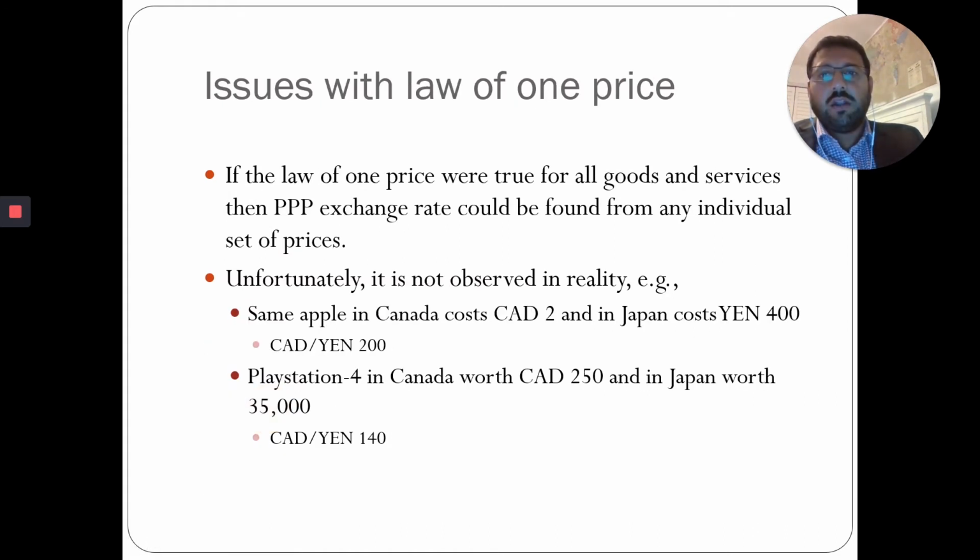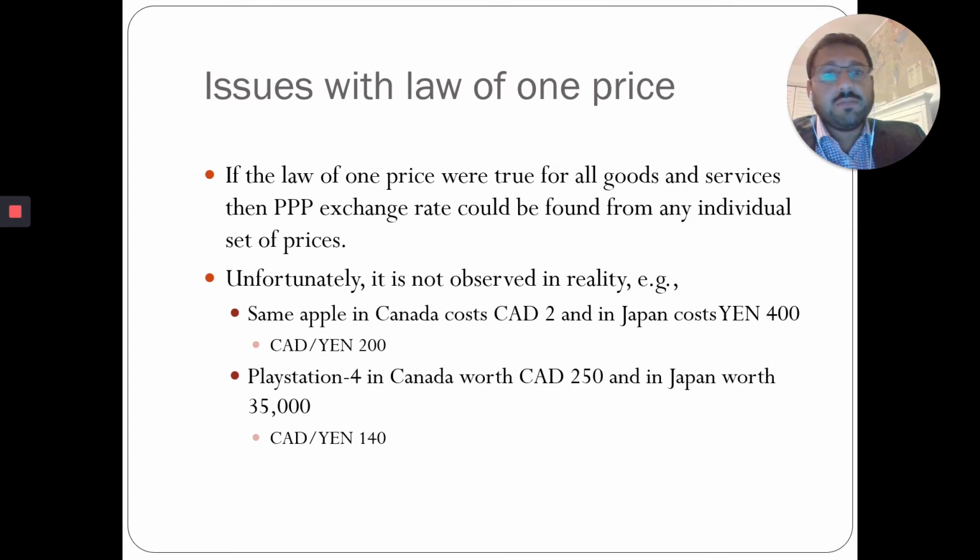Unfortunately, the law of one price does not hold for all goods, and this is an issue. For example, Canada is an agriculture country. Over here, the cost of agriculture products is more likely to be low compared to Japan.